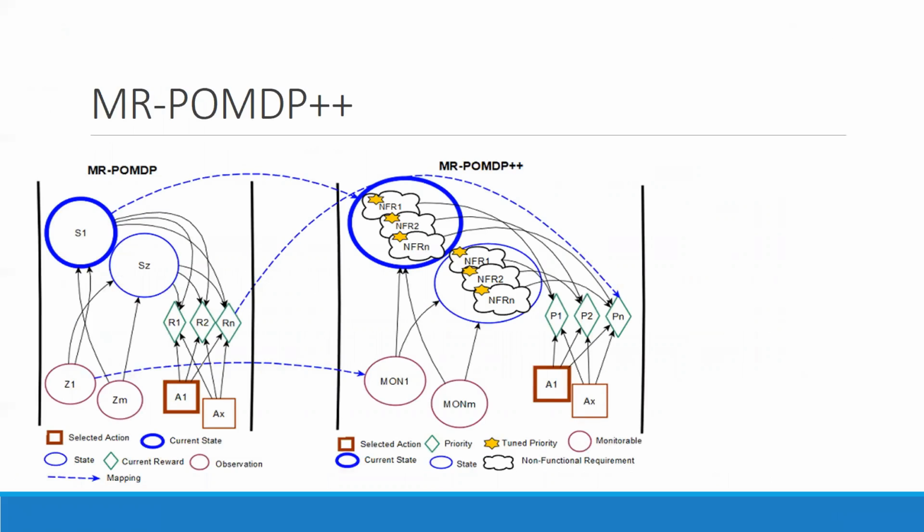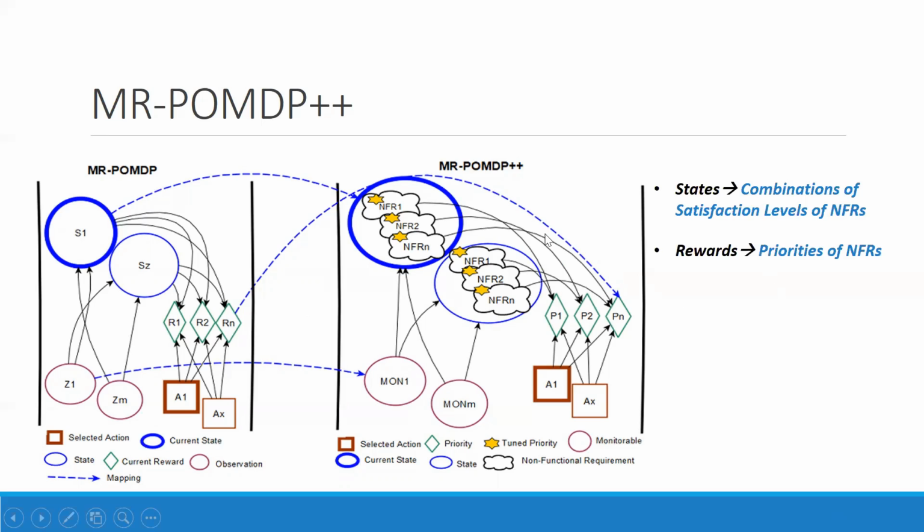For this model, we have created a mapping from the multi-reward FormDB model, where states are represented as combinations of satisfaction levels of non-functional requirements, rewards are used to represent the priorities of non-functional requirements, and observations are used to represent the monitorables of the environment.